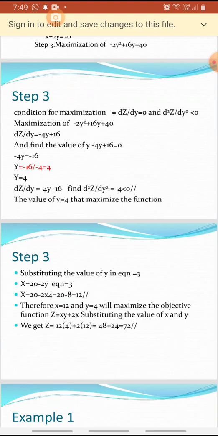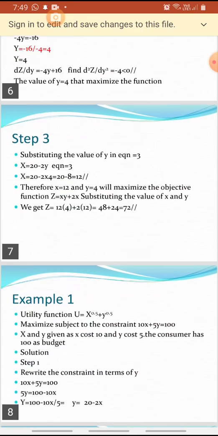Then dz by dy is minus 4y plus 16, and d square z by dy square is minus 4. This is less than 0, so we conclude that when y is equal to 4, the function will be maximum.